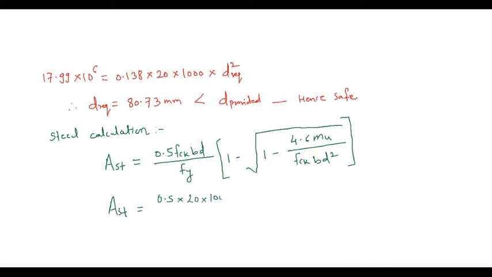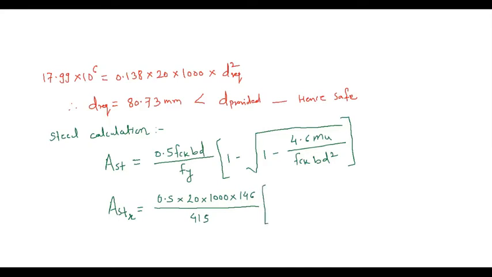20 into 1000 into. Now first we will calculate the steel in x direction, so keep the depth of x direction. I will write here, this is our Astx, steel in x direction. In x direction our depth is 146 divided by fy 415. I don't know the exact values.